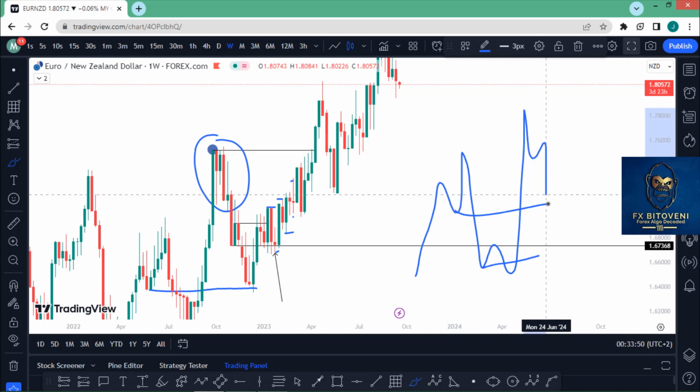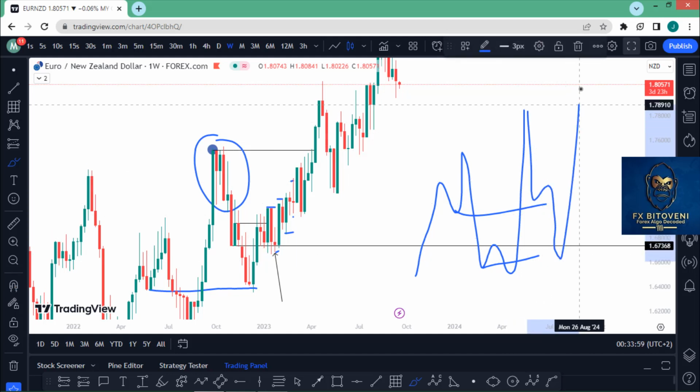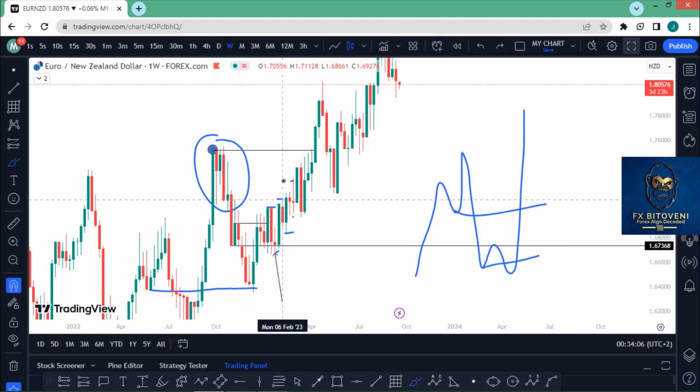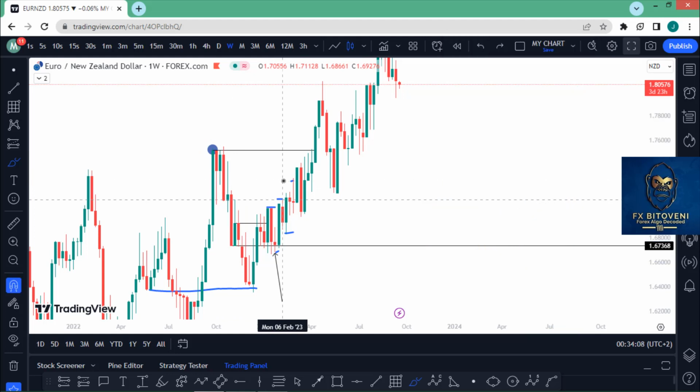Market will either hit this zone and it gives you a reversal, or market will get a deep move to this zone and then make a reversal. So you understand what I mean. If you cannot see it here, just switch to another time frame.